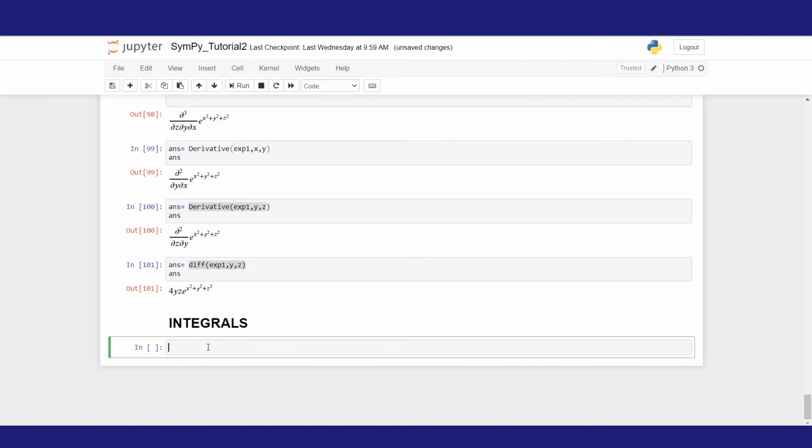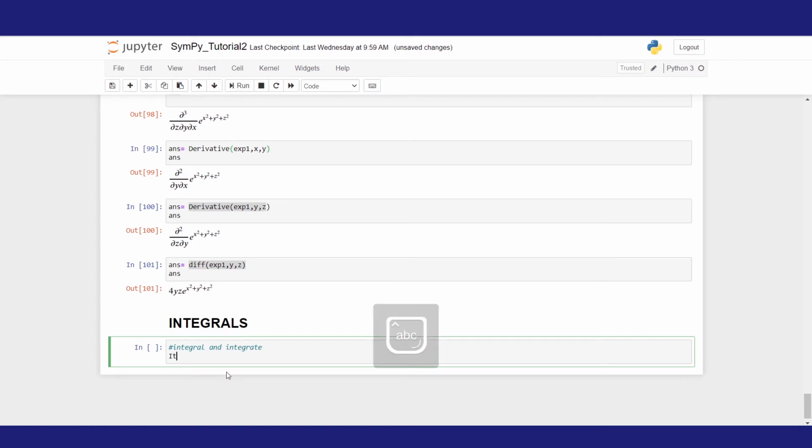Let's look at the difference between Integral and integrate. When I come down here and I write Integral with capital I, this is the integral of x cubed, and the variable here basically is x.